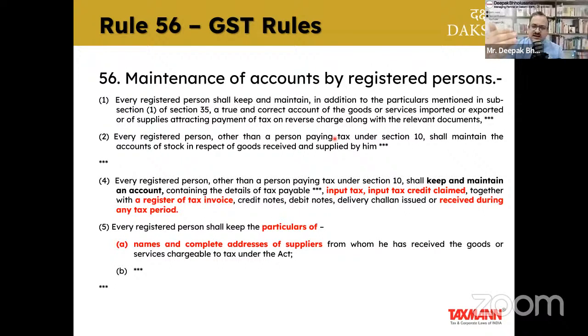So let's say there is an expense. What I generally do is debit the expense side and credit my supplier. So if you take a dump out of that Tally or Busy or any accounting software, you can use Excel, and using this list under Rule 56(5), you can figure out which expense is related to a registered supplier and which expense is related to an unregistered supplier.